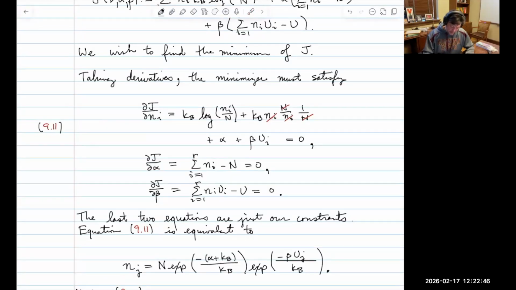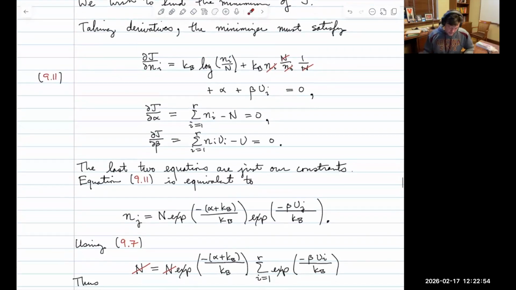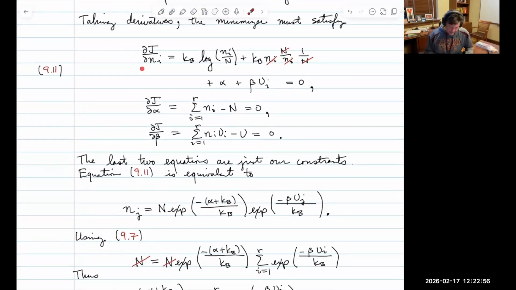Anyway, this is the equation that has the most consequence. These two are just brought along as the two constraints of the system.